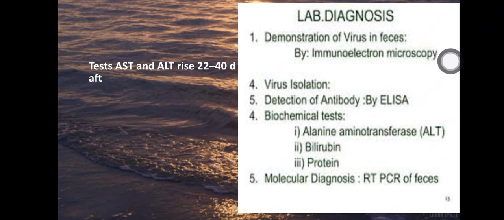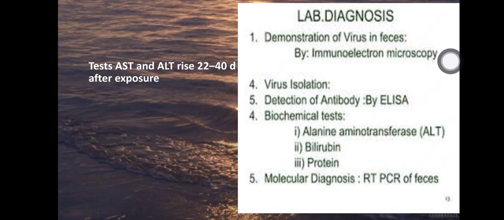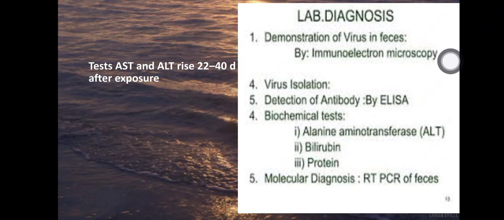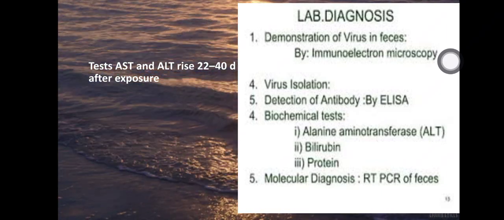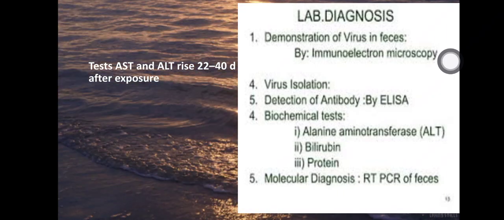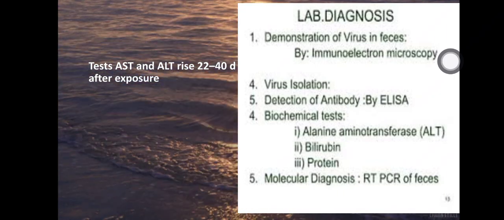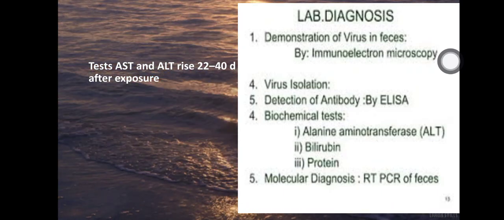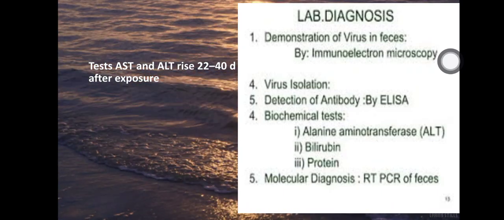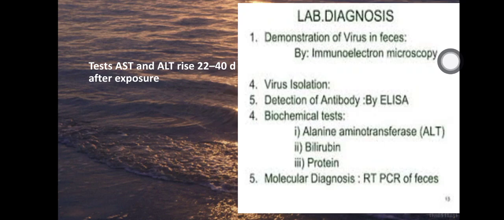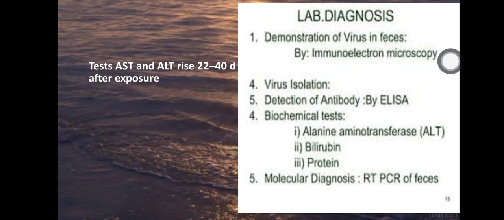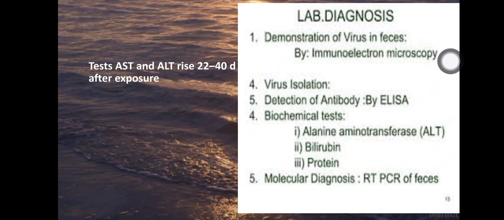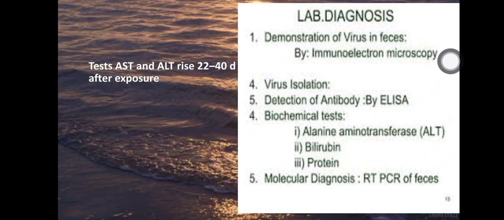So how do we do lab diagnosis? First, you demonstrate virus in the feces, or do a virus isolation, or detection of antibody by ELISA method, or biochemical tests, AST and ALT, the liver enzymes, which rise from 22 to 40 days after exposure.